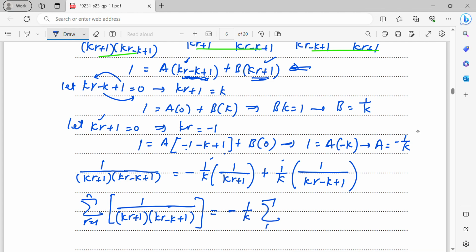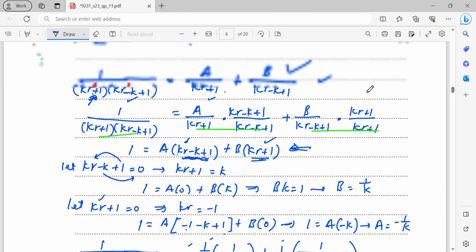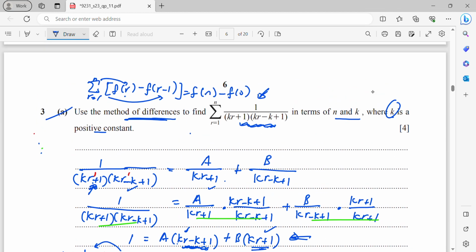Then I will consider the summation r from 1 to n. It will be 1 over kr plus 1 minus, because I factorized a minus, so the second term, in order to get plus, it will be minus, then 1 over. Now, just now I explained the method of differences, which means that the first is f(r), the second is f(r minus 1).